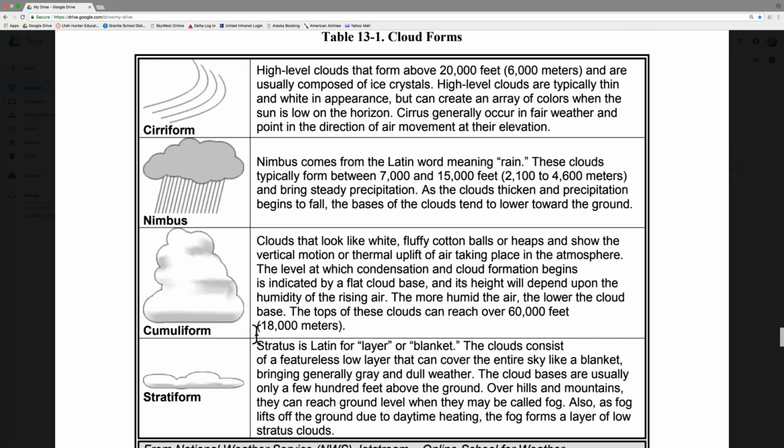Cirrus or cirriform clouds are high-level clouds above 20,000 feet and usually composed of ice crystals. High-level clouds are typically thin and white in appearance, but can create an array of colors when the sun is below the horizon.